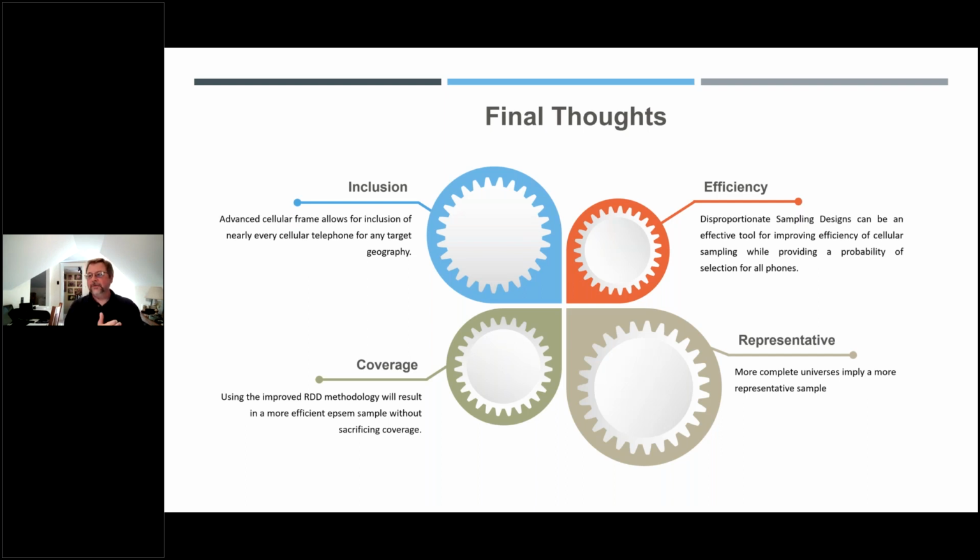So we consider these four points to be certainly big selling points for the advanced cell phone frame. We think it just brings a lot to the table, and it's just a good thing.